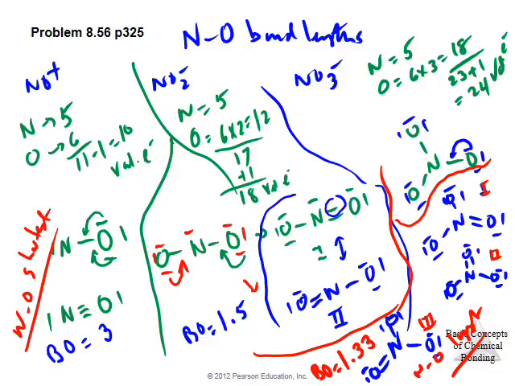So keep this in mind. It depends upon how you organize them, shortest to longest or longest to shortest. If you start from the shortest, then NO plus, followed by NO2 minus, and then NO3 minus, which would be the longest one.